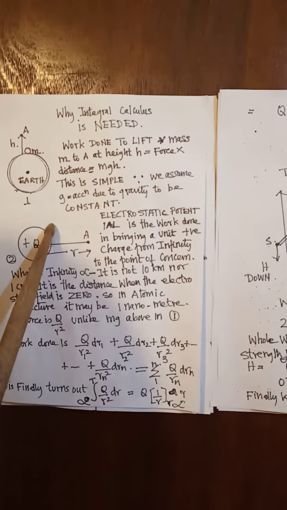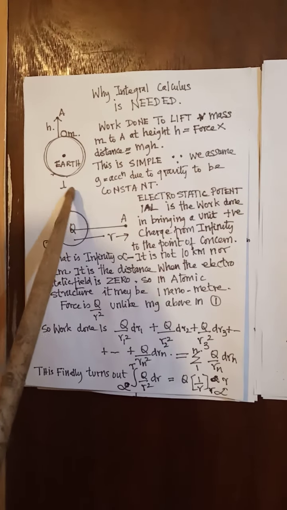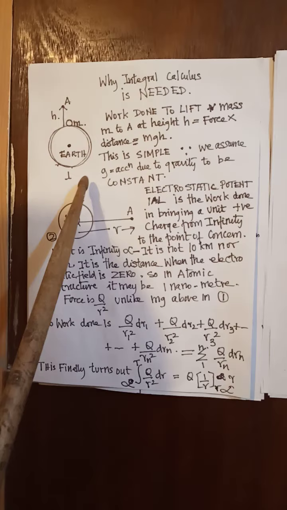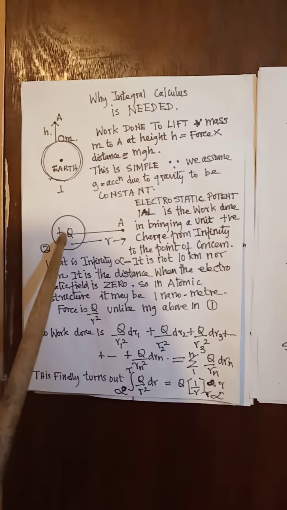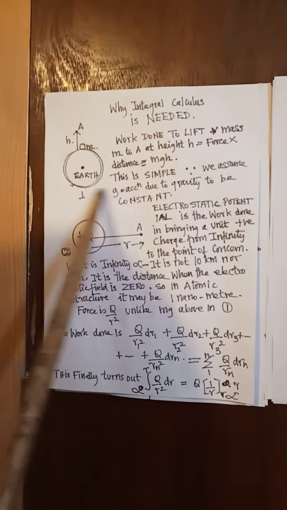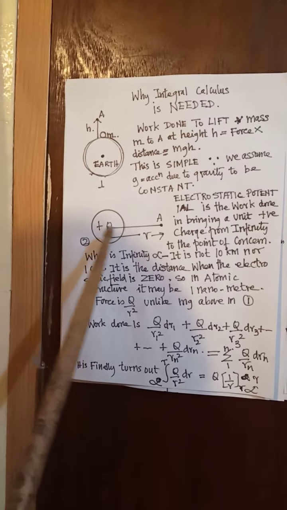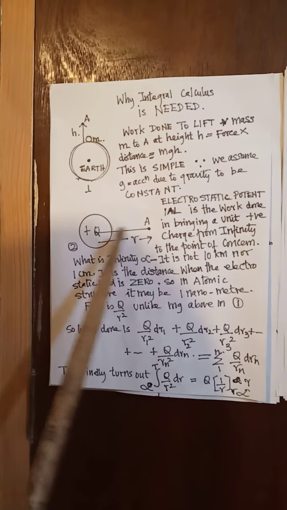But now here, when we come to a charge, we are dealing with nanometer or say 0.1 centimeter, the sphere. So there is a radius of the field of the charge. And here now we want to find the potential at A. Okay.